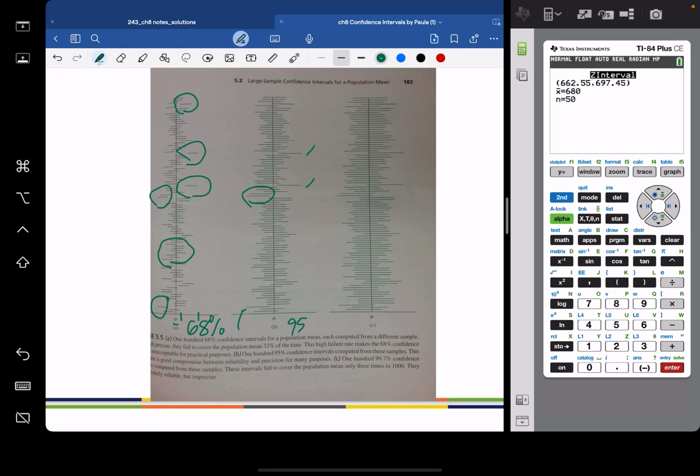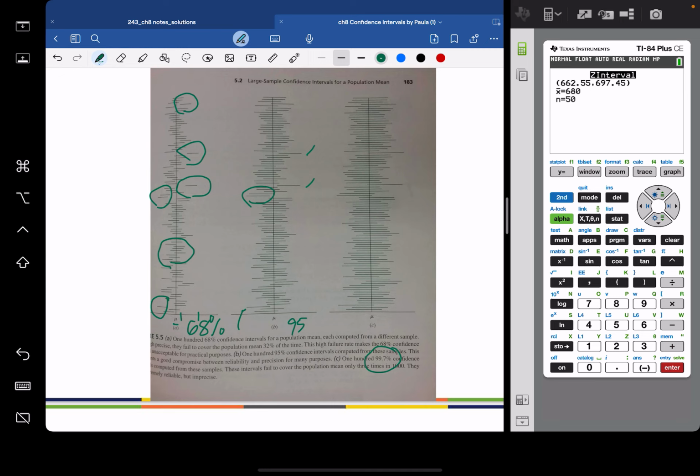And then 99%, oh, those are actually 99.7% confidence level. So we've boosted our confidence level a lot higher, and notice that these intervals are wider as well, like I said before. They're wider, and all of them captured mu.